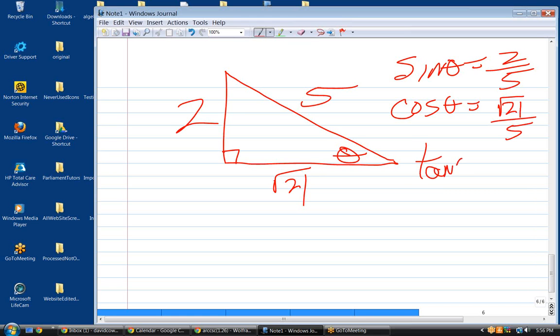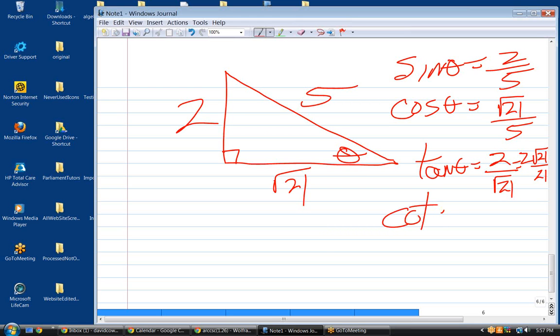Tangent of theta would be 2 over root 21. Don't forget that first 2. That always rationalizes. You end up with a 21 there and a 21 there, but you still have that 2. So it's 2 root 21 over 21.